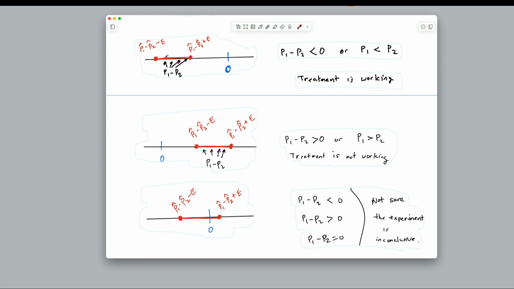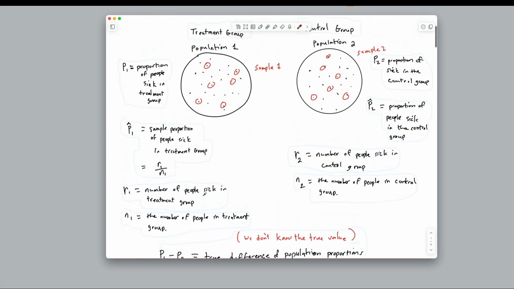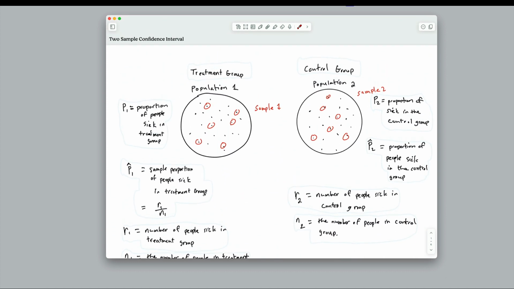It depends on what type of confidence interval you got. Did you get all negative numbers, all positive numbers, or a mixture of both? That's the idea of how we compare two population means or two population proportions.